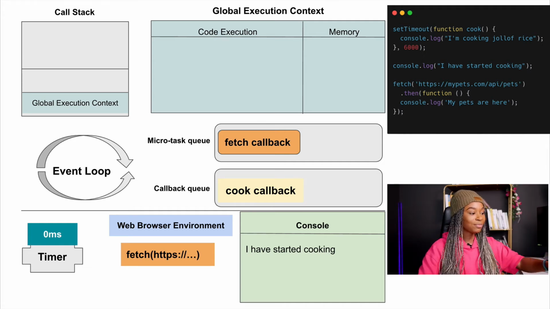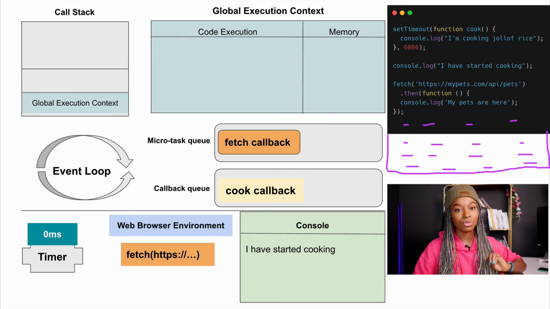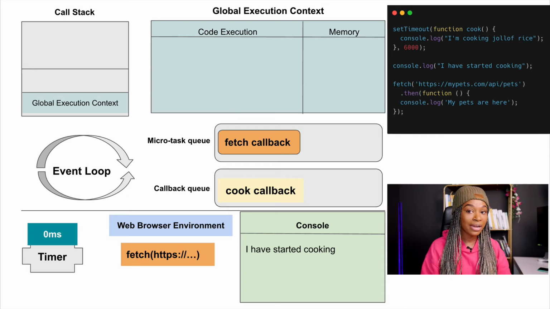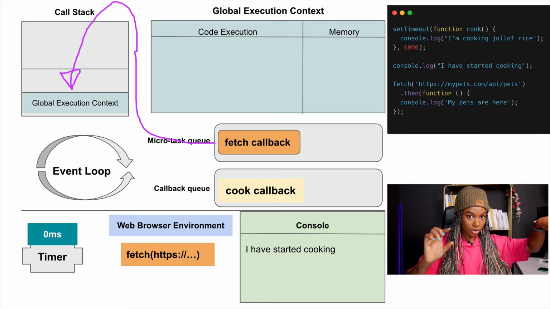If we had 10 other functions or 50 console.log statements in our little program here, they would all be executed before any of these callback functions leave the queue. If it finds the call stack empty, it'll start pushing callback functions from the microtask queue to the call stack one after the other.